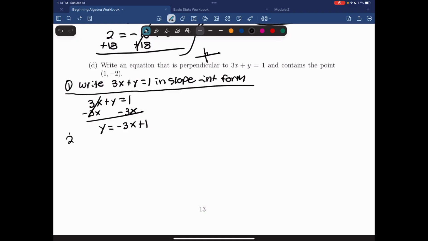And now for step 2, we have to find the slope that would make a line perpendicular to this one. So recall we need to take the opposite reciprocal. So we're going to need to have a positive slope here.